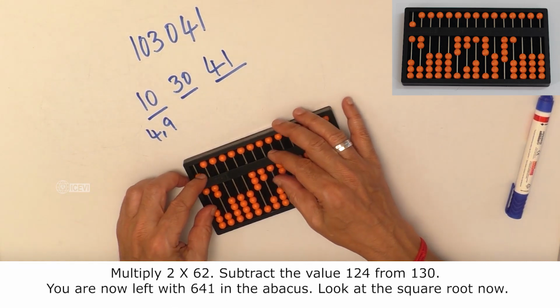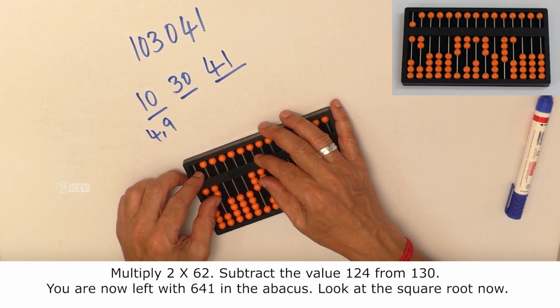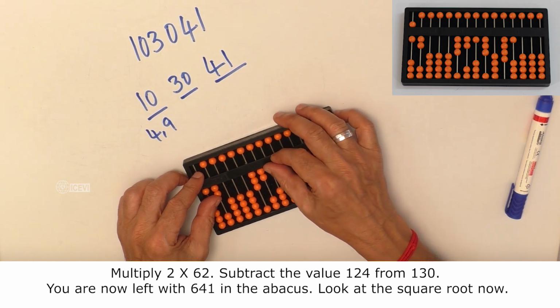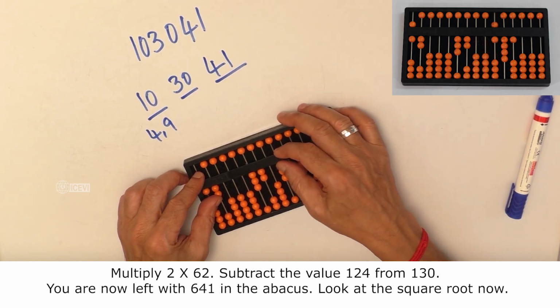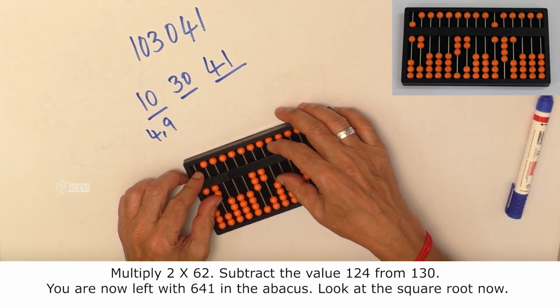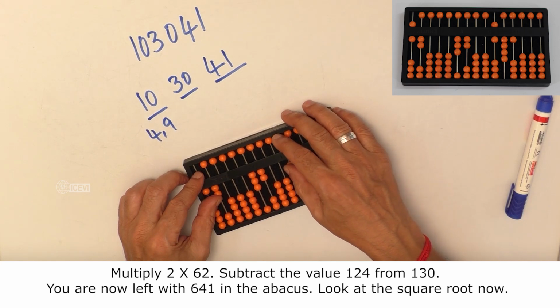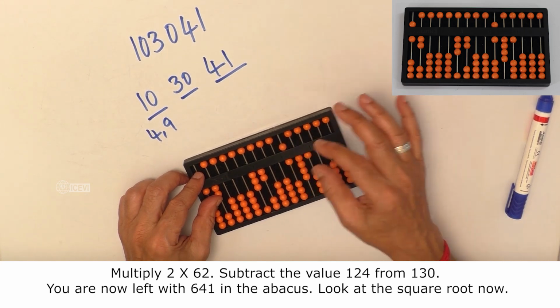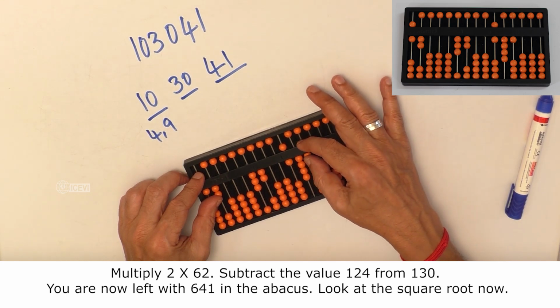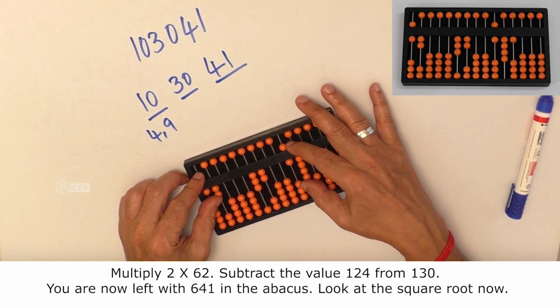Now multiply 2 with 62 and subtract 124 from 130 and you will get 6 as the remainder here, and therefore you are left with 641 in the abacus.